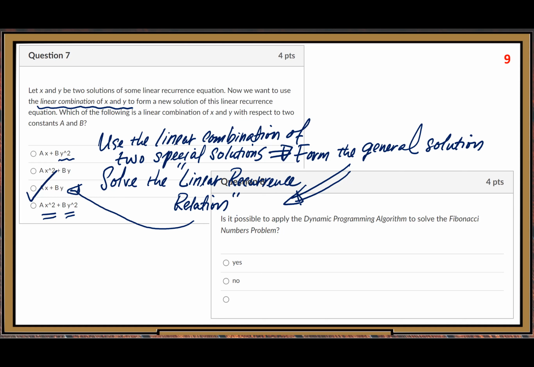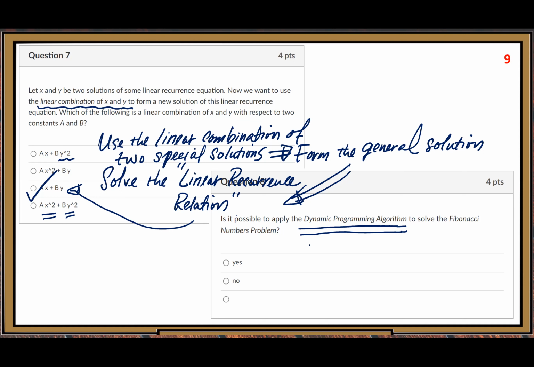All right, next question, number 8. Is it possible to apply the dynamic programming algorithm? I believe many students may not be familiar with this concept. We have a short introduction on dynamic programming when we learn the Fibonacci numbers. Here I just point out a little bit.